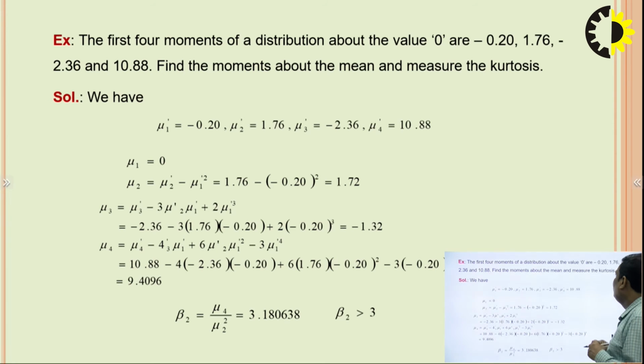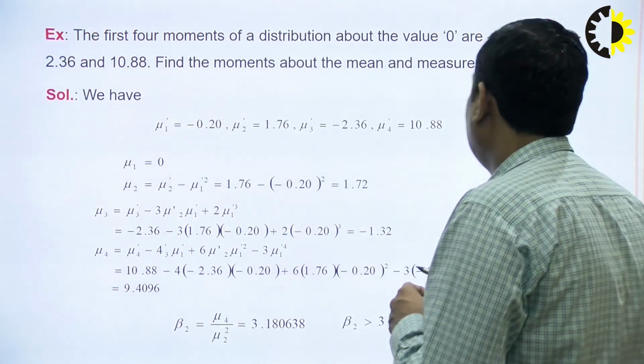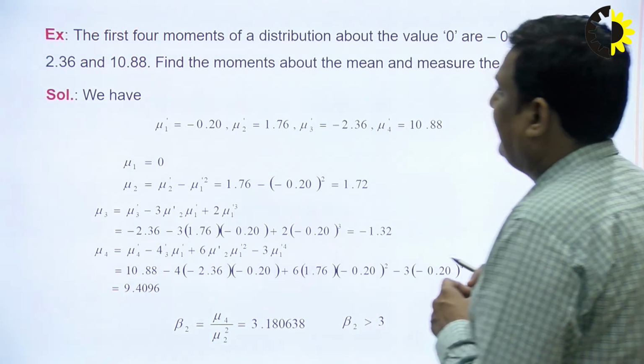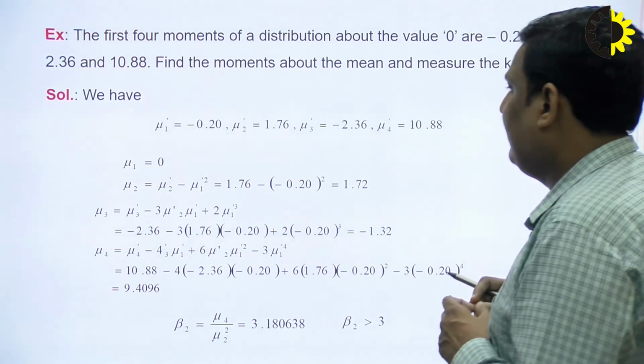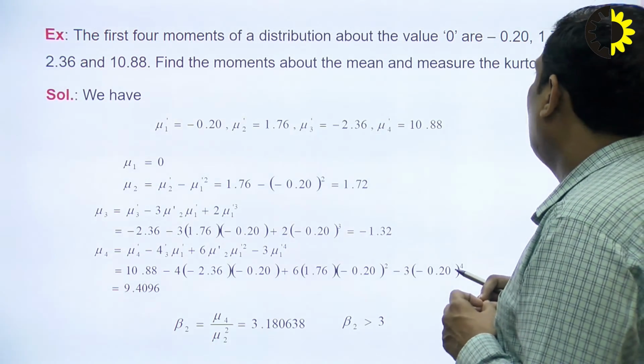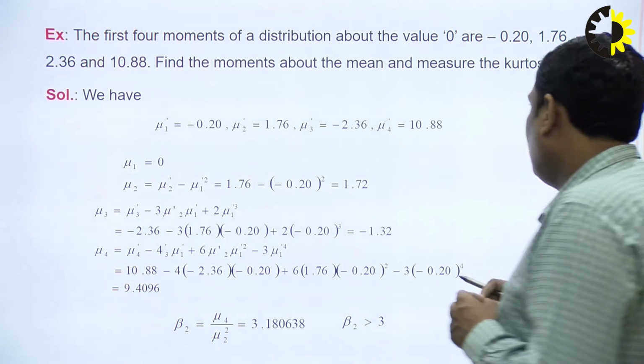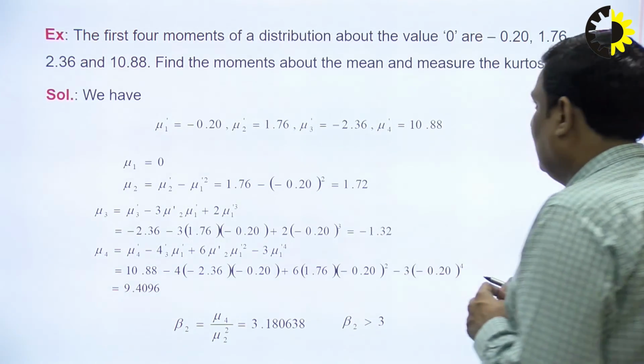The first four moments of a distribution about the value 0 are minus 0.20, 1.76, minus 2.36 and 10.88. Find the moments about the mean and the measure of kurtosis.